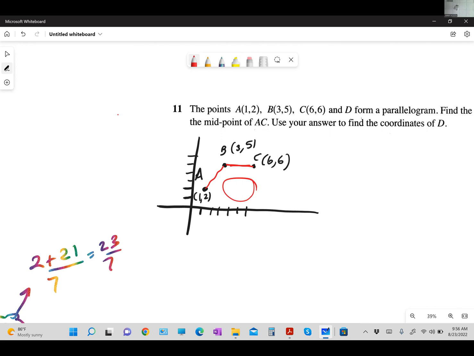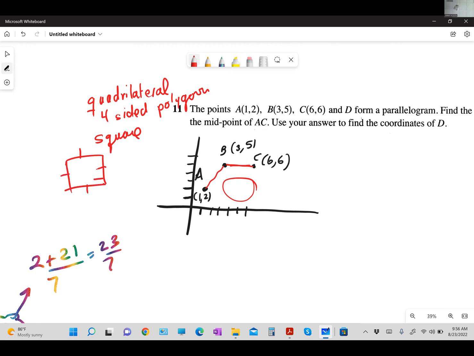Agreed? So remember, there's a quadrilateral, which is a 4-sided polygon. But there's a square. A square is a 4-sided polygon, all sides equal, and not only that, 90 degrees, right?